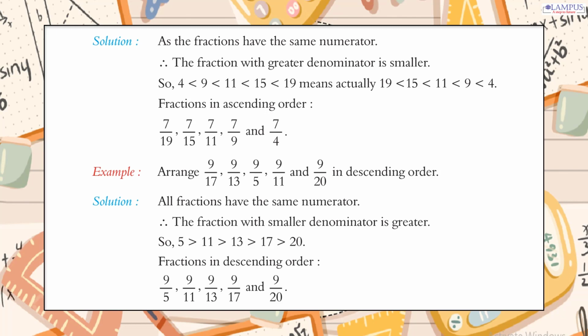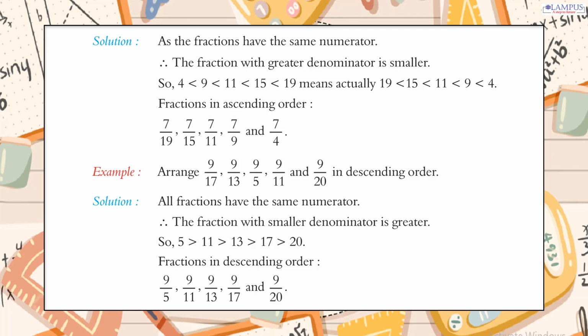So, 4 less than 9 less than 11 less than 15 less than 19 means actually 19 less than 15 less than 11 less than 9 less than 4. Fractions in ascending order. 7 by 19, 7 by 15, 7 by 11, 7 by 9 and 7 by 4.